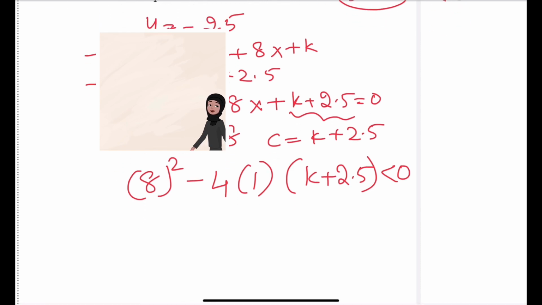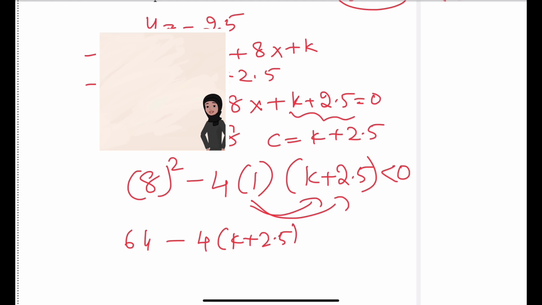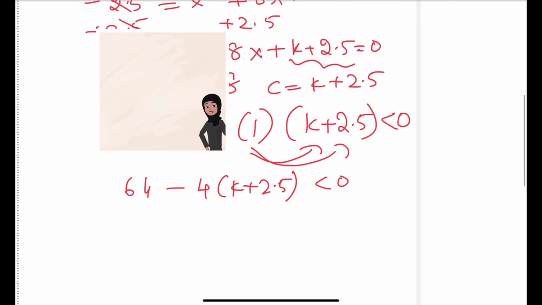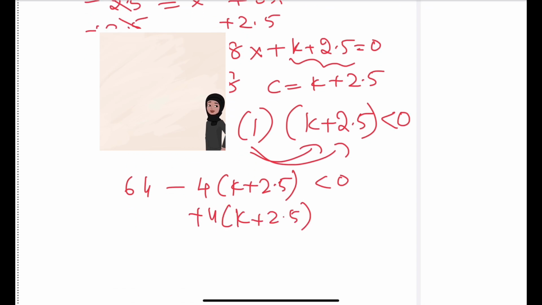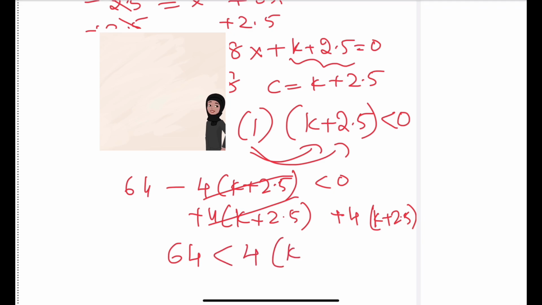Now we have to solve for this. 8 squared is 64, so we have 64 minus 4 times k plus 2.5 is less than 0. Now add 4 times k plus 2.5 to both sides. This side cancels and you have 64 less than 4 times k plus 2.5.